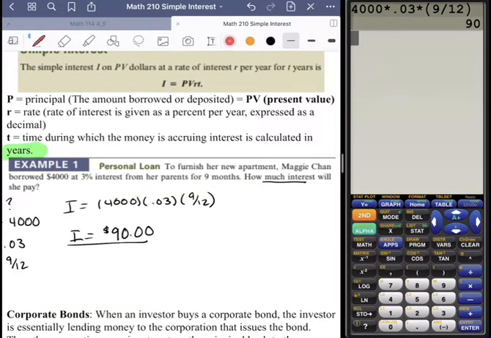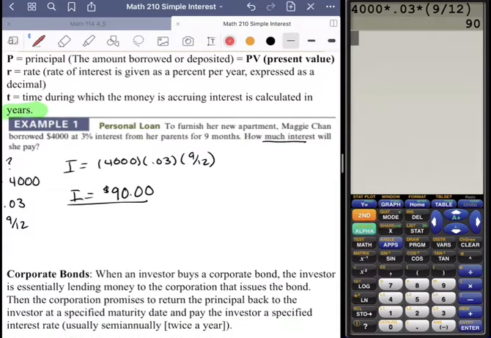Now, what does that $90 mean? This $90 means that Maggie Chan is expected to pay $90 for the 4,000 she borrowed.